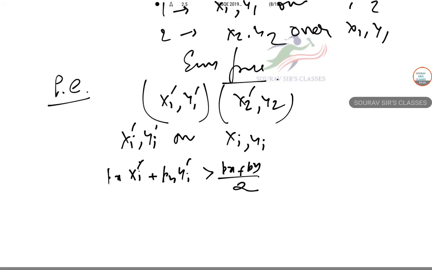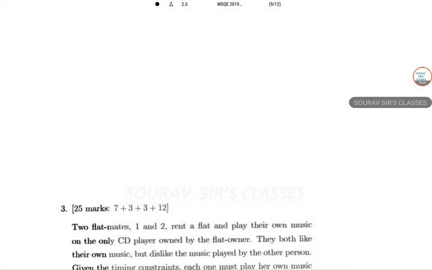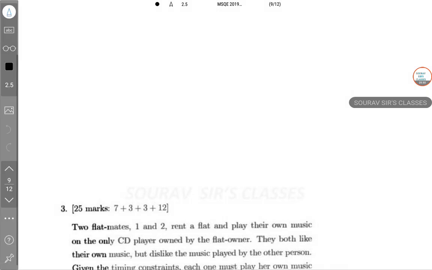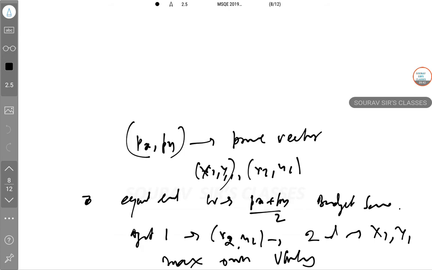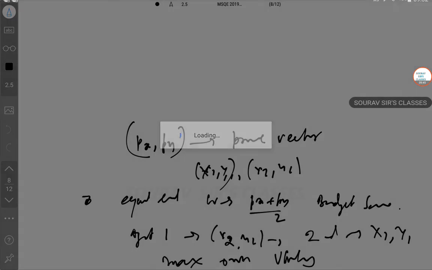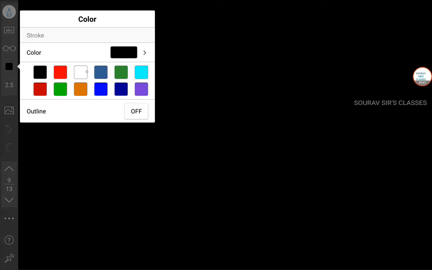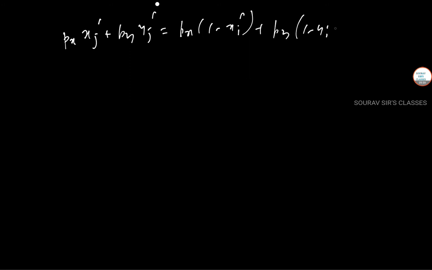Okay, so this means that this will be the given structure, and that is on the wealth.